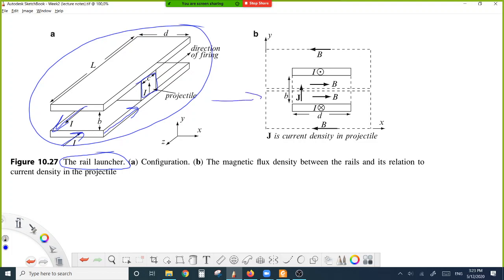You may see here the side view, and current coming in the upper rail, current coming towards us, and in the lower rail, current going towards the plane, and there occurs a magnetic flux density B because of the flowing currents.